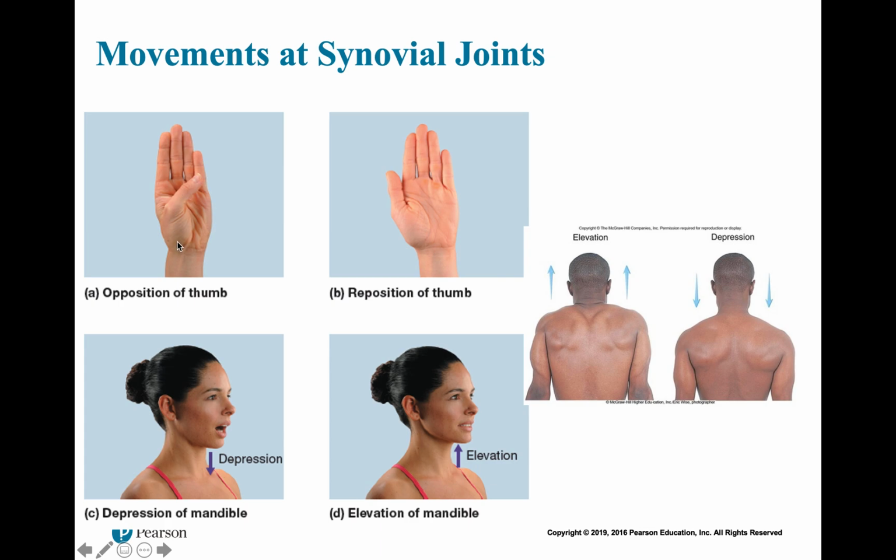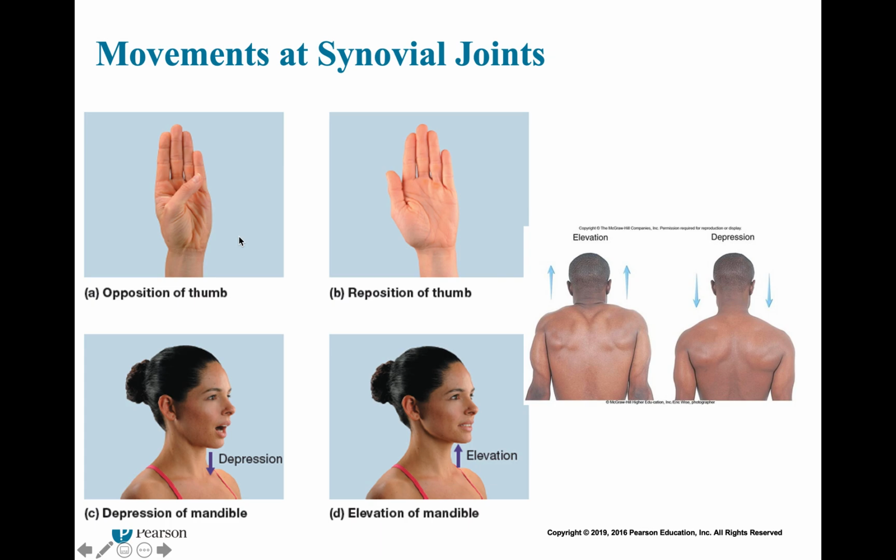That is a special type of synovial joint called a saddle joint, and it allows for opposition of the thumb. If you take your thumb and touch your pinky, that's opposition. That's your opposable thumb. Then if you put your thumb back in normal anatomical position, like in this image, that's reposition.